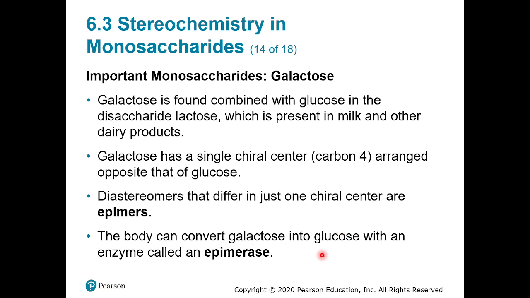The body can convert galactose into glucose. This is done with an enzyme that's called epimerase. I know. Very imaginative, right? Literally, epimers, -ase. So epimer, -ase. An enzyme that converts epimers. Okay. Yeah.